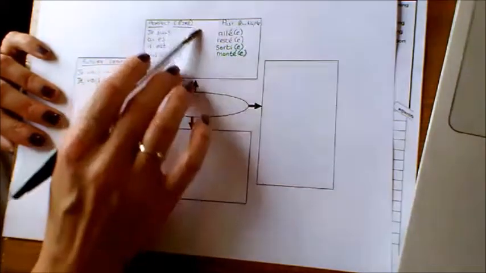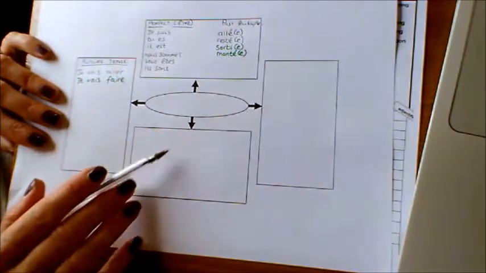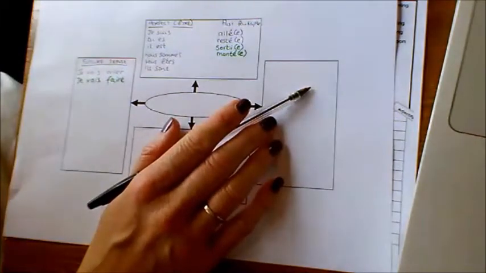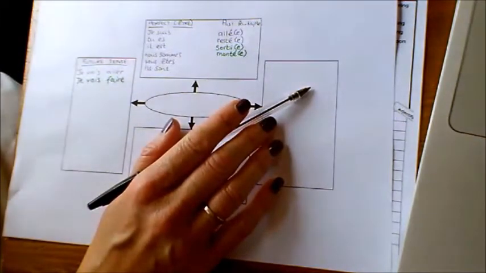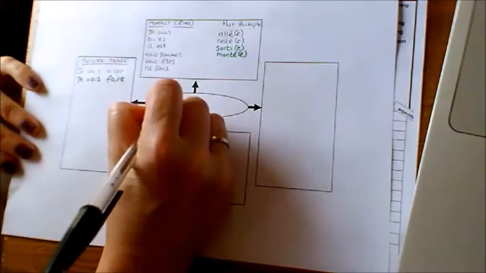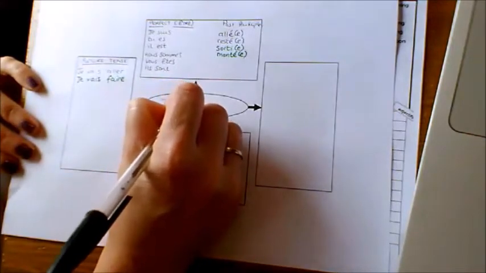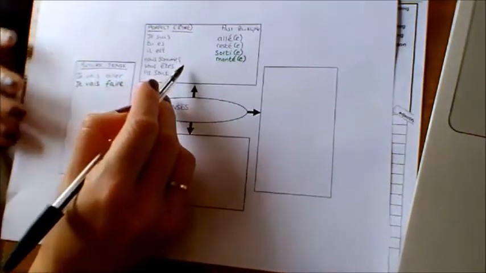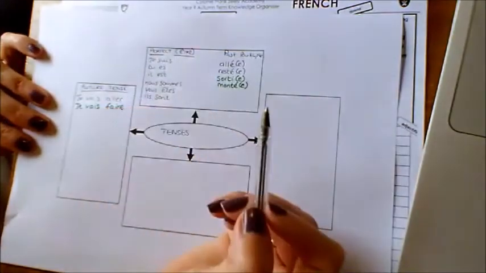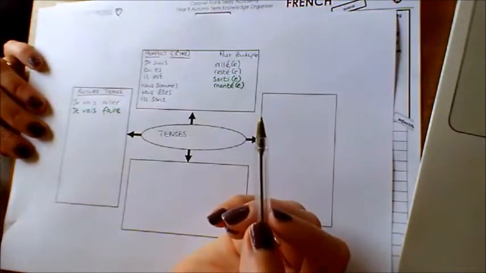So I do that for each of the sections, for the present tense, for the imperfect tense, and perhaps the thing that I need to work on, I might need to put in there, for example, what they mean. So, for the perfect tense, do I know what the perfect tense means in English?